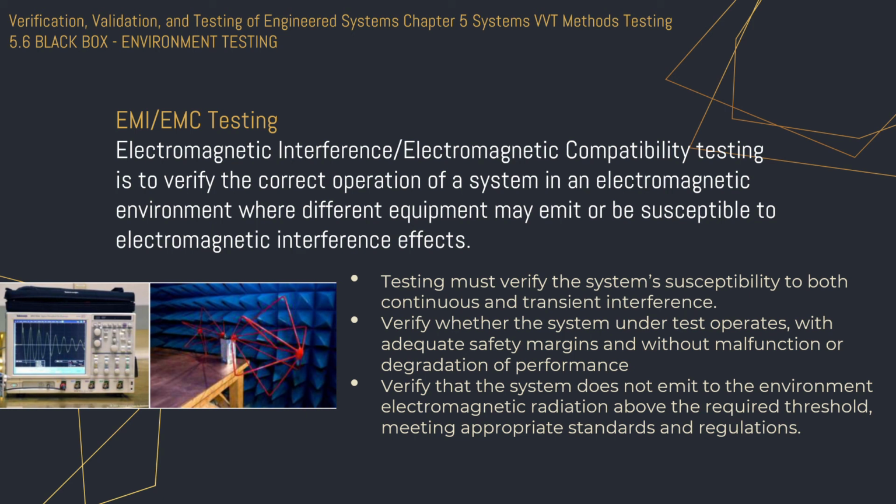We also verify that our system does not emit electromagnetic interference into the environment, to the users that are drinking the coffee or the crops that are growing the vegetation for the users. And then we must test that it meets appropriate standards and regulations.